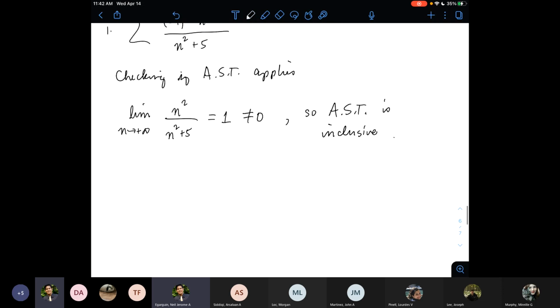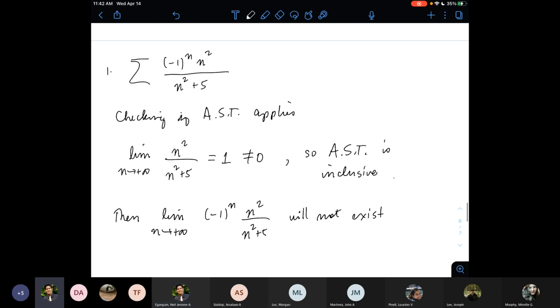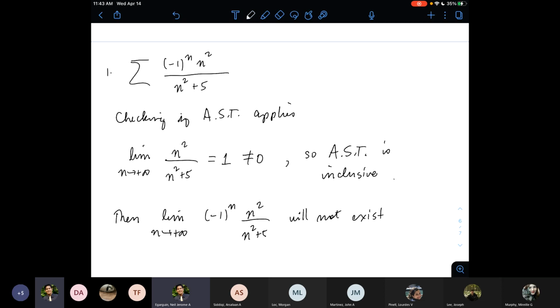But the fact that the limit of the positive factor is equal to 1, not 0, means the limit of -1 to the power n times n squared over n squared plus 5 as n approaches infinity will not exist. I hope it's clear why it will not exist, because without the alternating sign, this will approach 1.